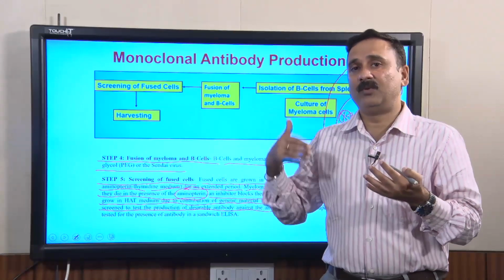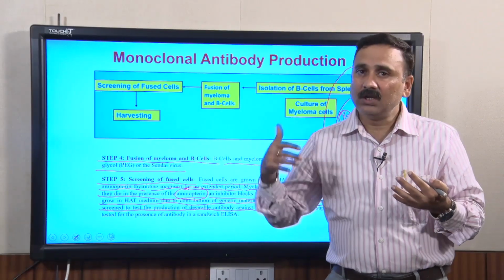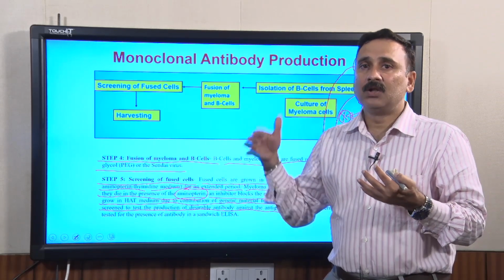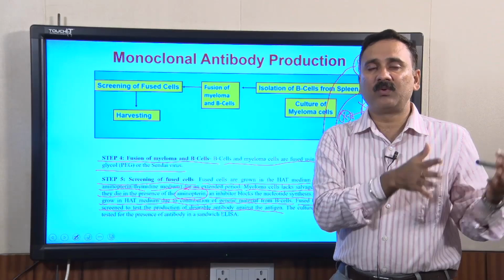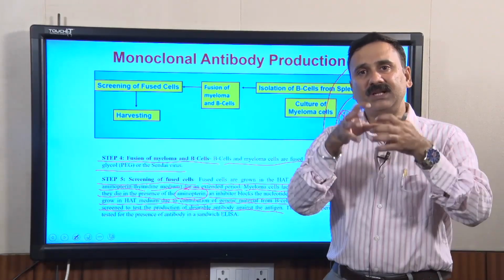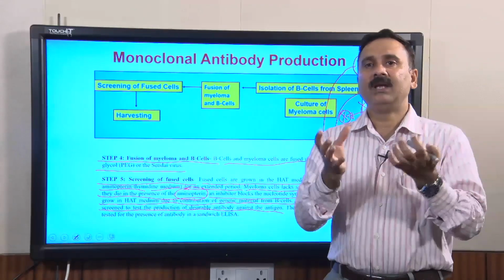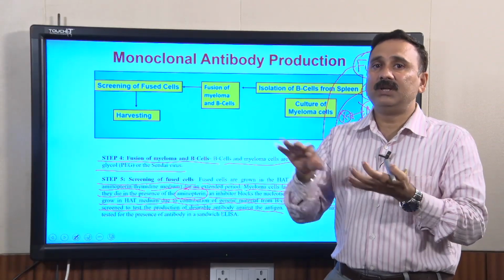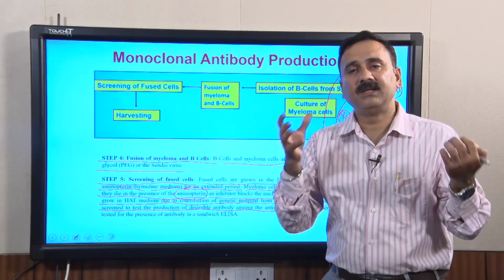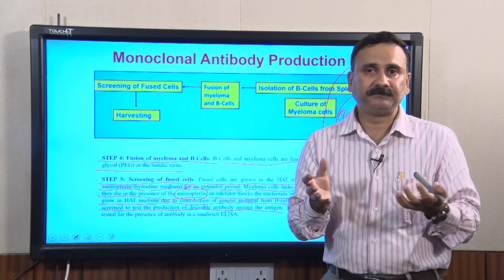On the other hand, myeloma cells will not grow, because their nucleotide synthesis is blocked by aminopterin, and that pathway is provided by the B cells. As a result, only the fused cells survive in the HAT media, which contains hypoxanthine and thymidine, but also contains the inhibitor aminopterin.